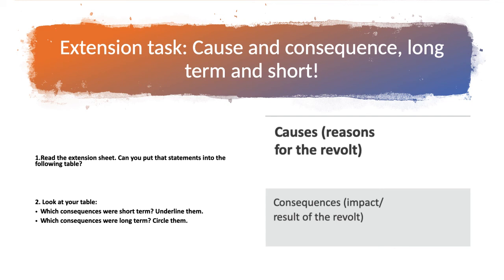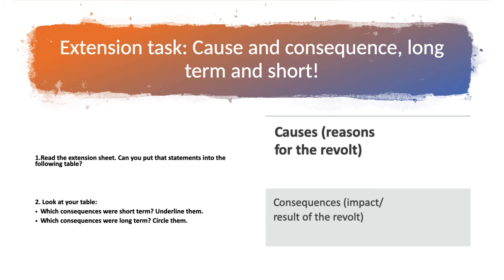Then you're going to sort through the statements that are under there and put them under the correct heading. Are they causes? Are they reasons that the revolt happened? Or are they consequences? Are they things that happened because of the revolt?